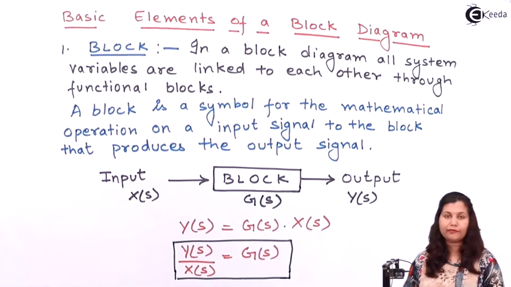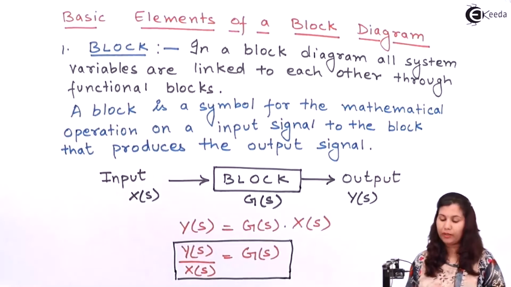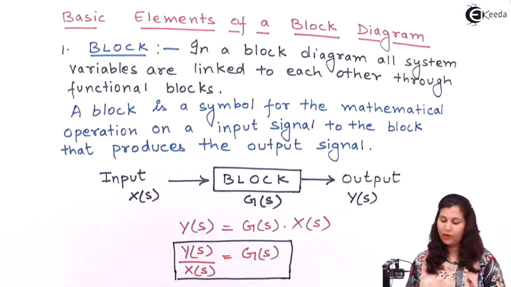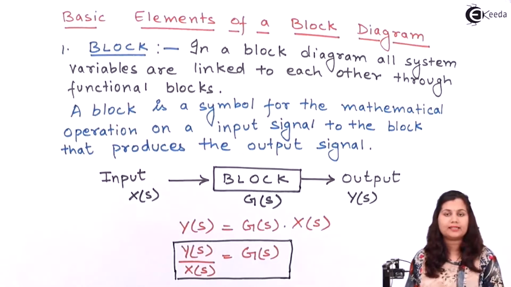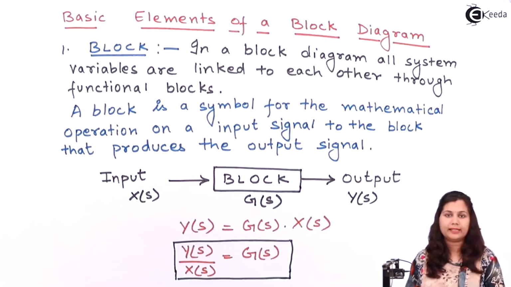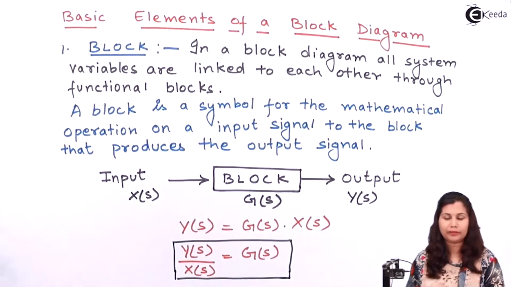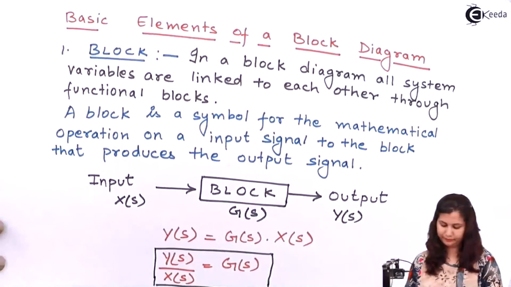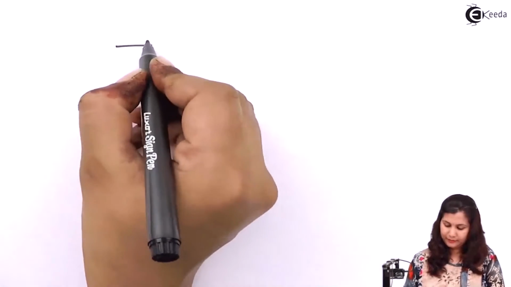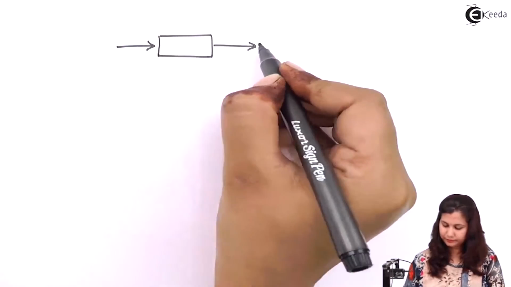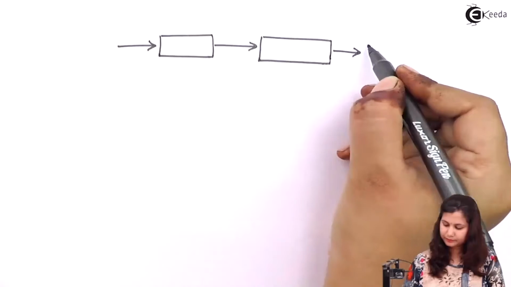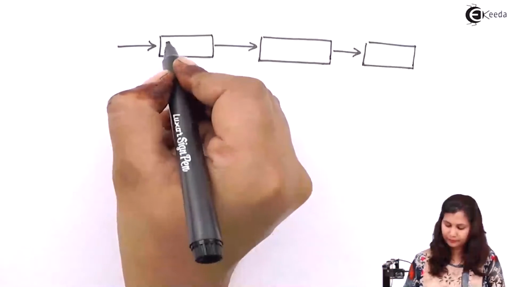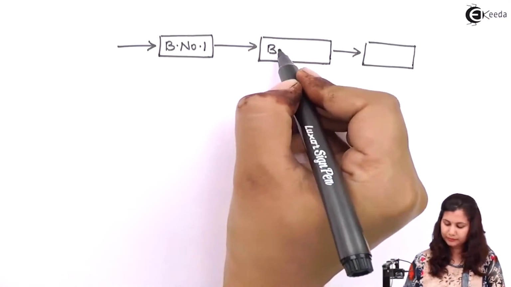So block is the first basic element of a block diagram. Now these blocks can be connected in series or in parallel. So how are they connected in series and parallel combination? This is block number 1.